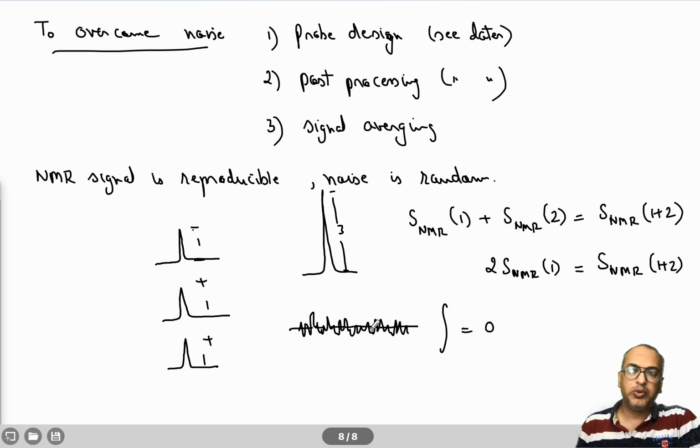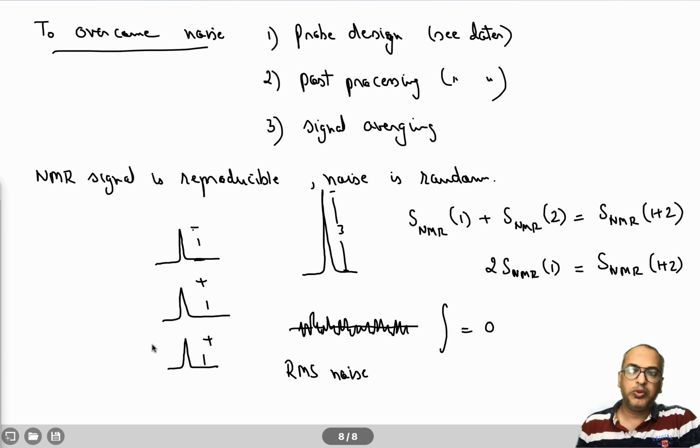So in such a case, to quantify noise, you use something called root mean square of noise. If you take root mean square, that means you somehow make all the negative signals positive, and then you take the average overall to quantify the noise.